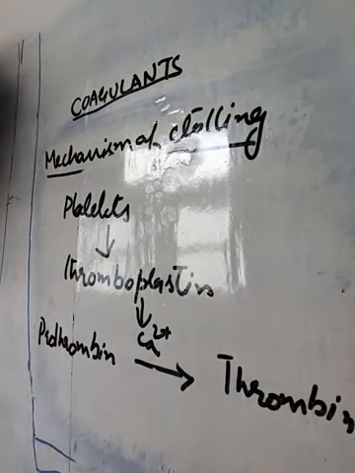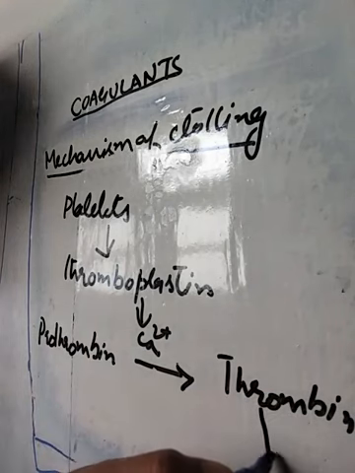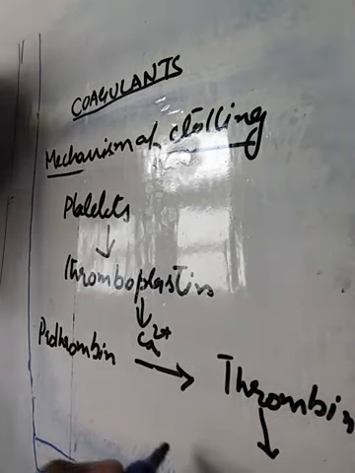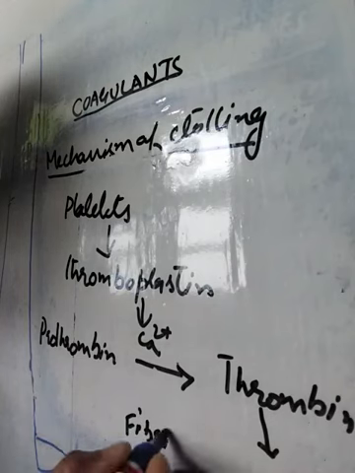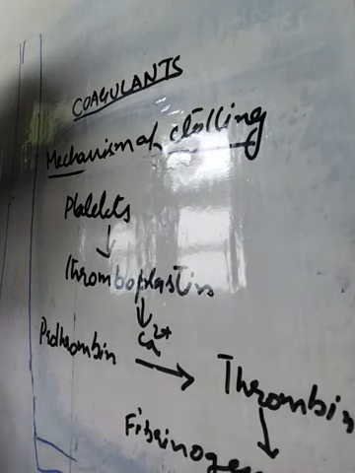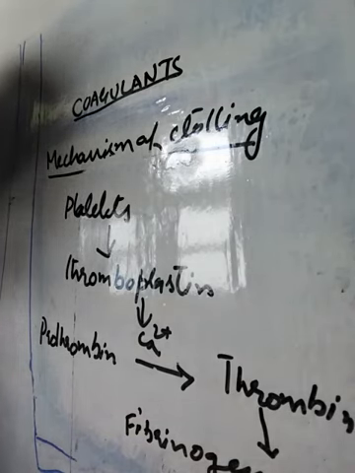And this thrombin converts fibrinogen into fibrin. Converts fibrinogen into fibrin. This fibrin is the clot.